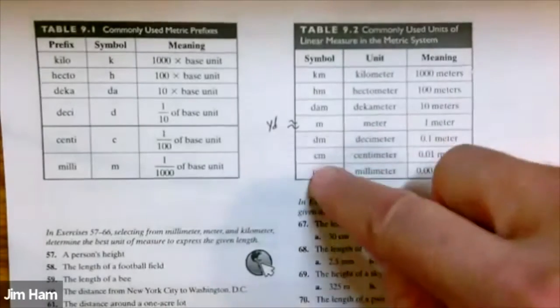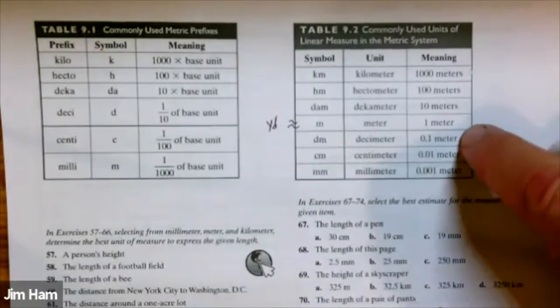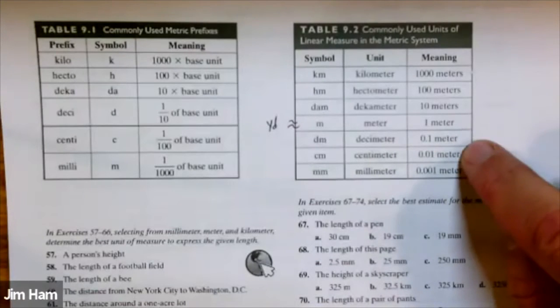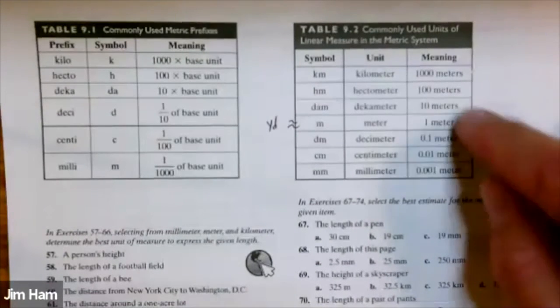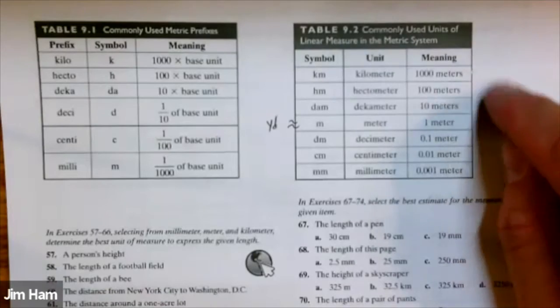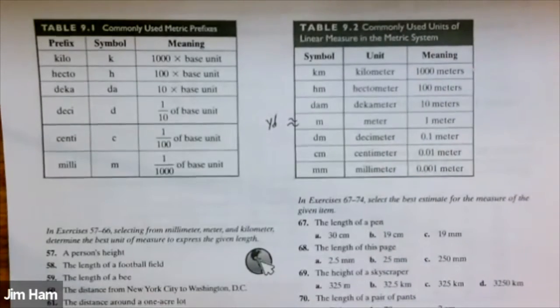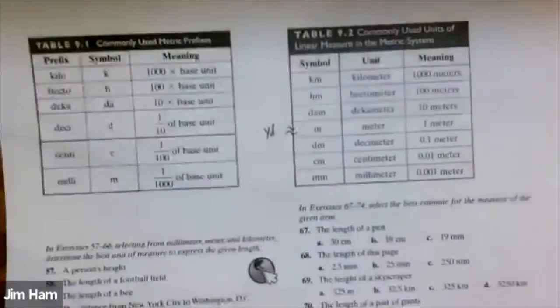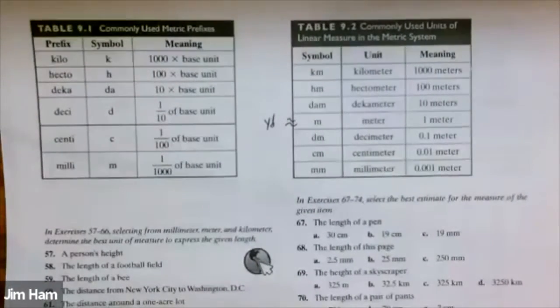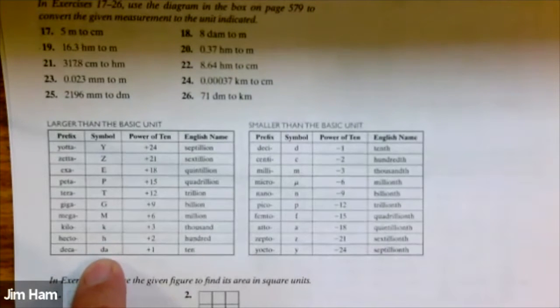As you take the smaller units, you divide by 10: 1/10 of a meter, 1/100th of a meter, 1/1,000th of a meter. Going the other way, 10 meters, 100 meters, 1,000 meters. And just so you know, those are not the only units we have, but those are just the most common ones. Here's some others. Here's where we left off.